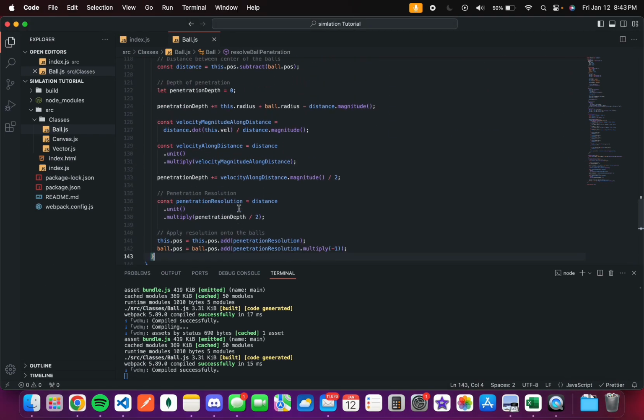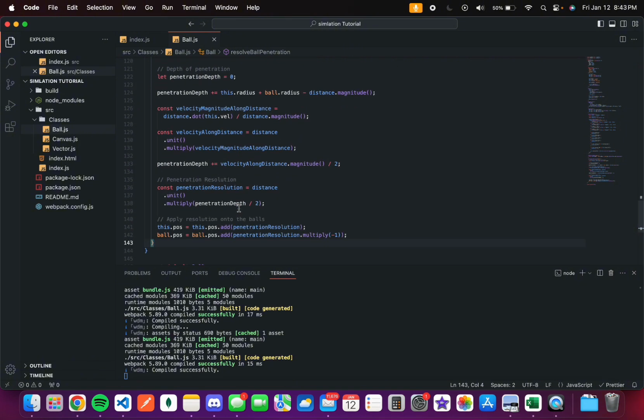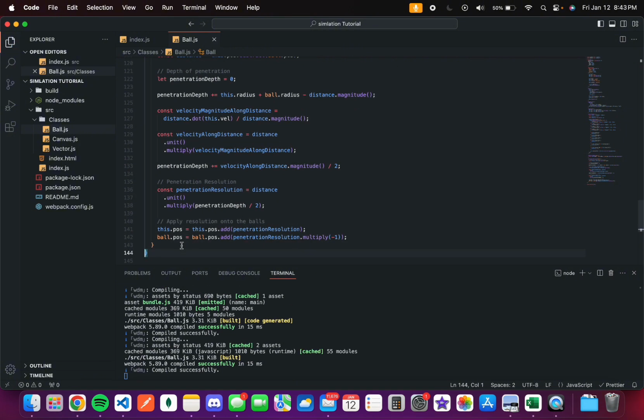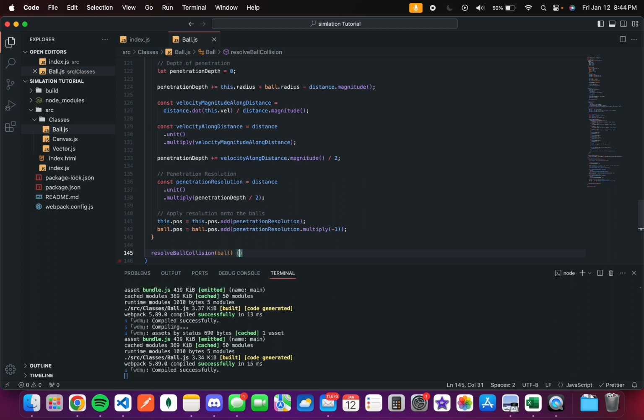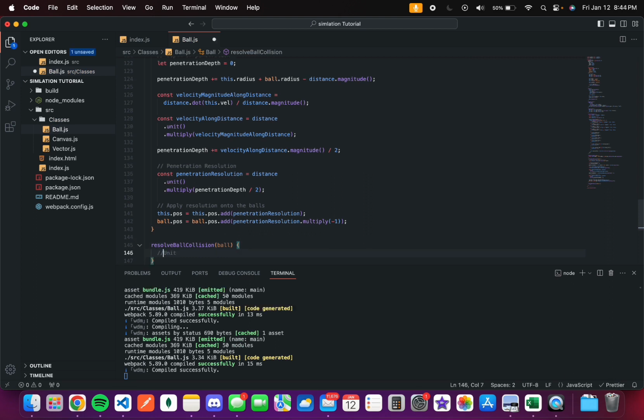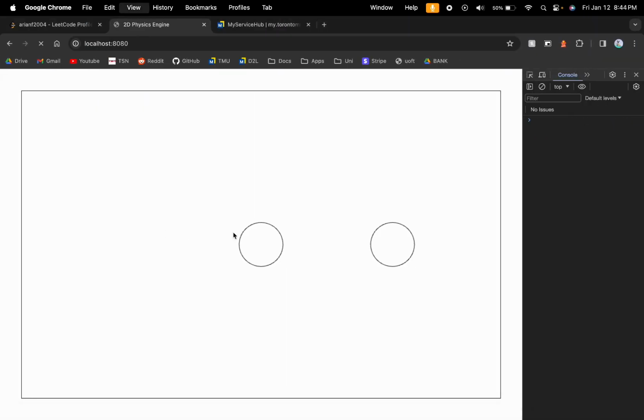Now we're going to be resolving the ball collisions. So we're going to do resolve ball collision. First we're going to get the unit normal vector of the collision tangent. And the collision tangent is essentially, you can think of it as a line, a tangent line between the exact point at which they intersect.